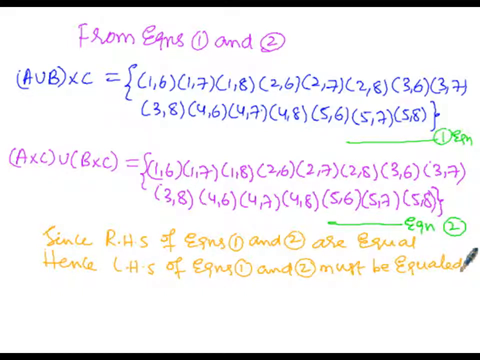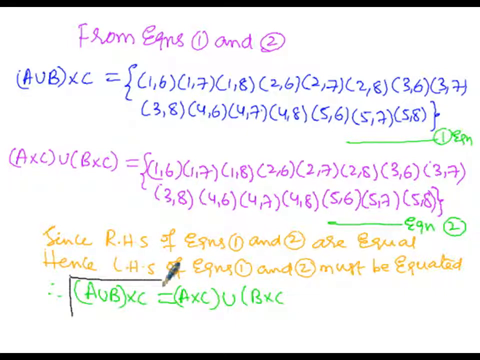Therefore A union B cross C is equal to A cross C union B cross C.